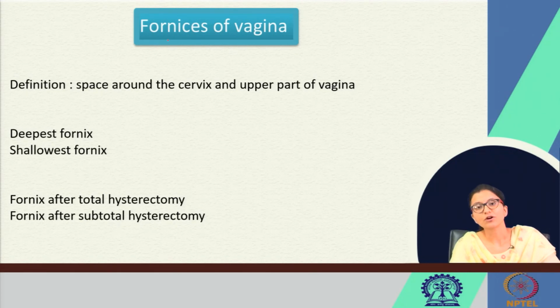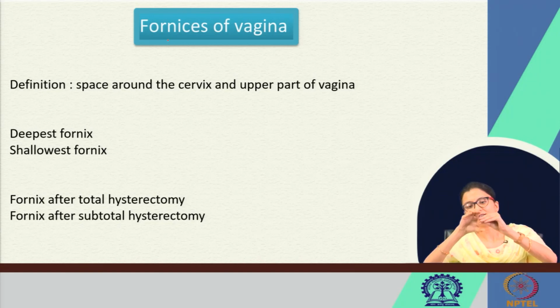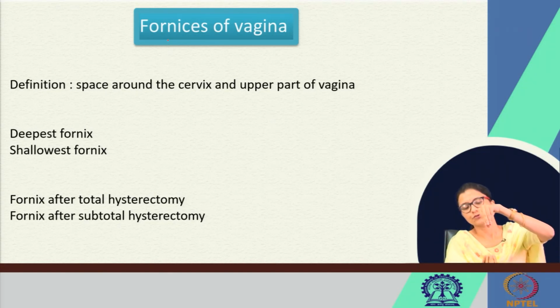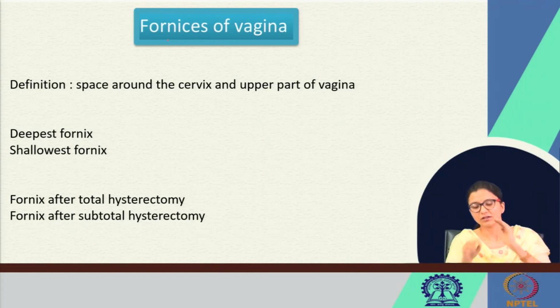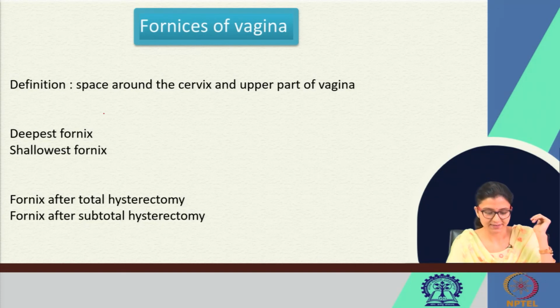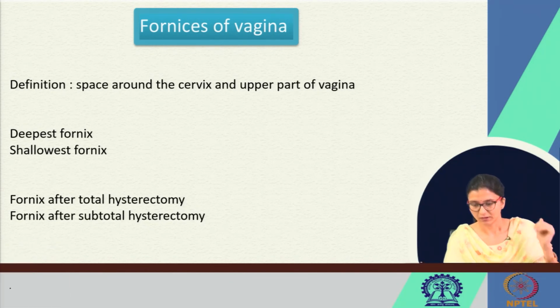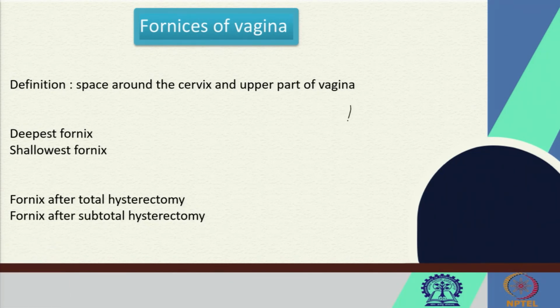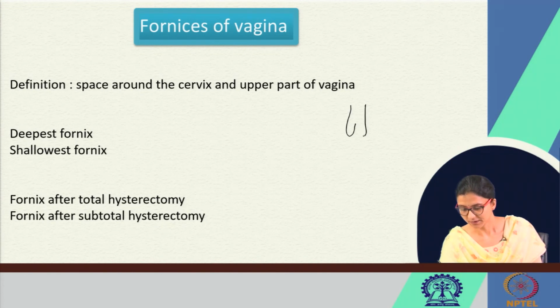Now coming to the fornices of vagina. This is the cervix and here is the vagina. From below, all around the cervix there will be dead spaces. The cervix is ending and the vagina is all around.